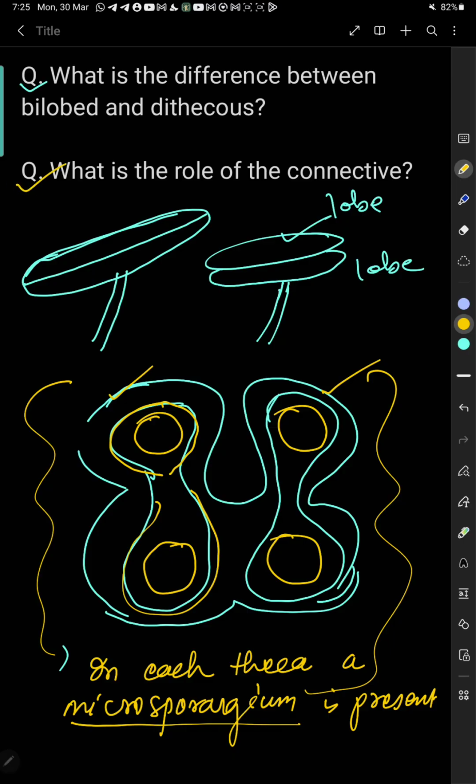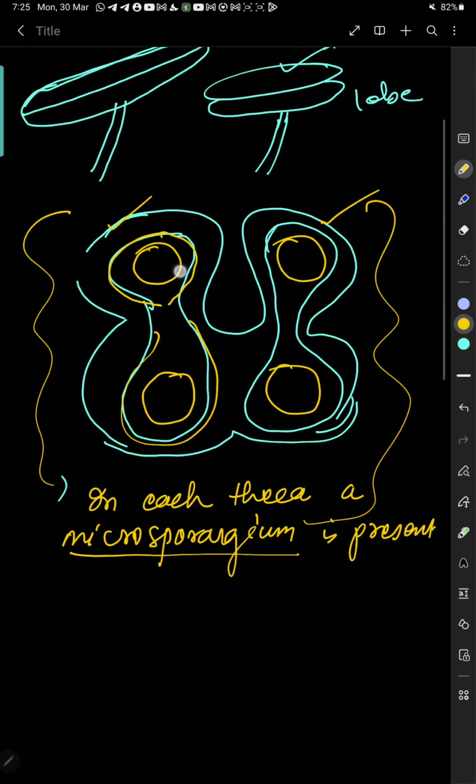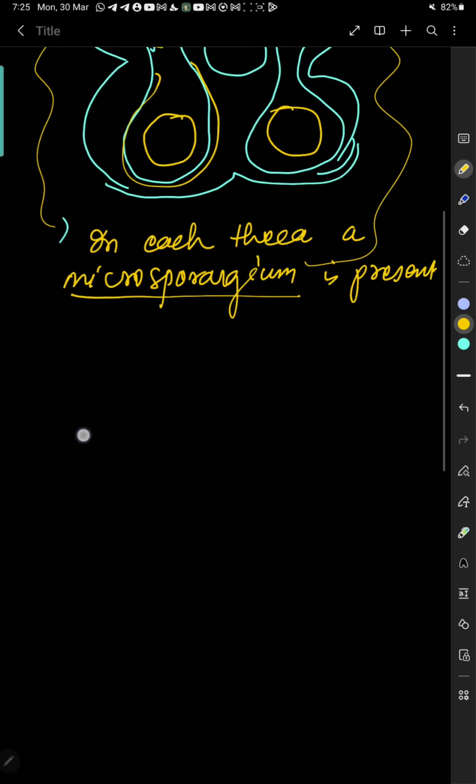Now come to the next question. The second question, what is the role of the connective? Let me show you again the diagram.